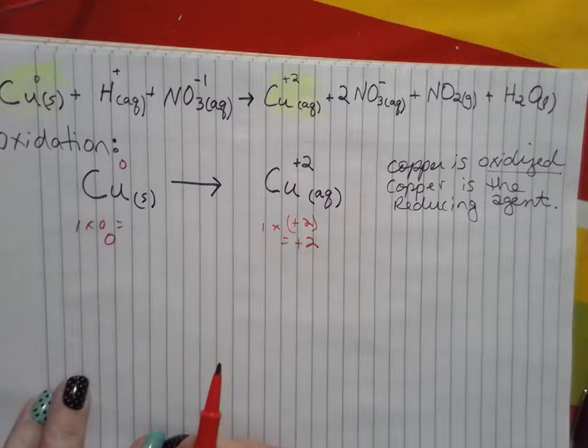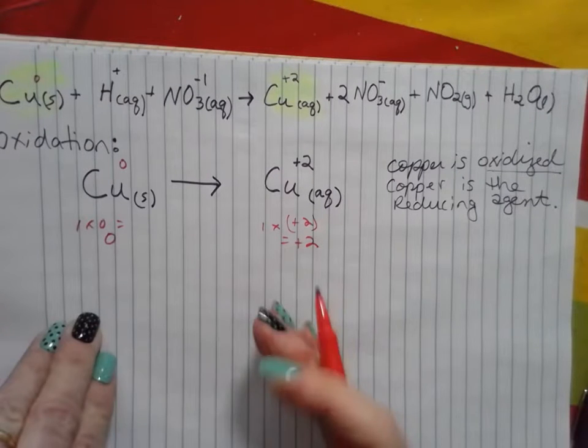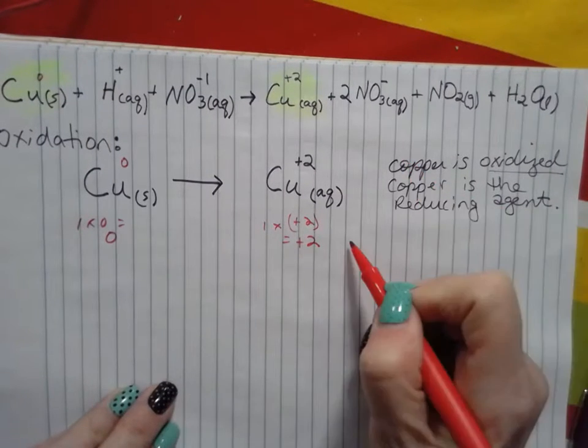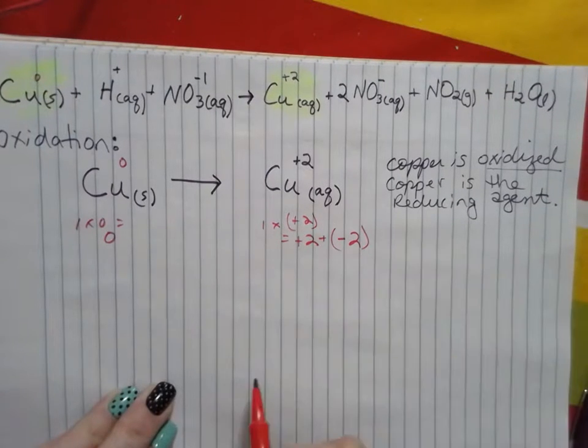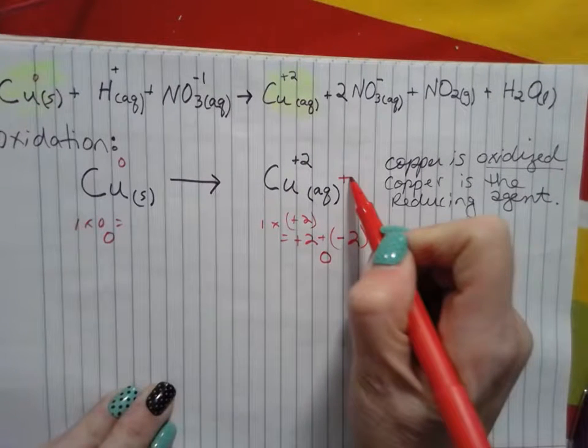Now, the charges have to be equal, and the only way we can do that is by adding negative electrons. So if I add 2 negatives there, that will give me a 0 on this side. So I put 2 electrons.